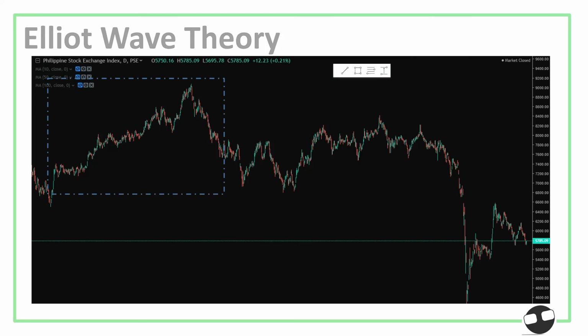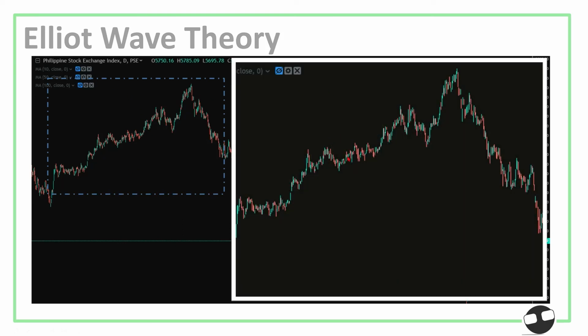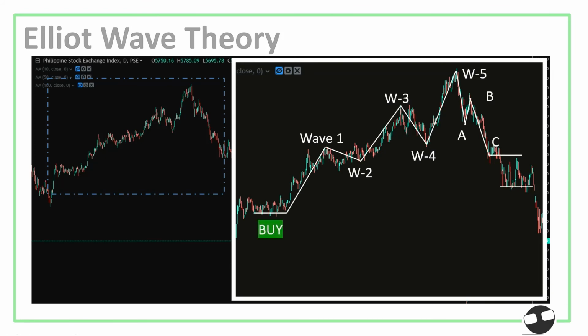Now, if you zoom in, you will have this picture. And according to the theory, we have a 5-point motive. So here we can identify that we have the first wave here, second, third, fourth, and fifth.